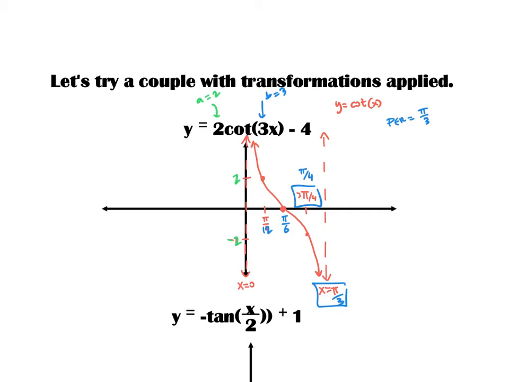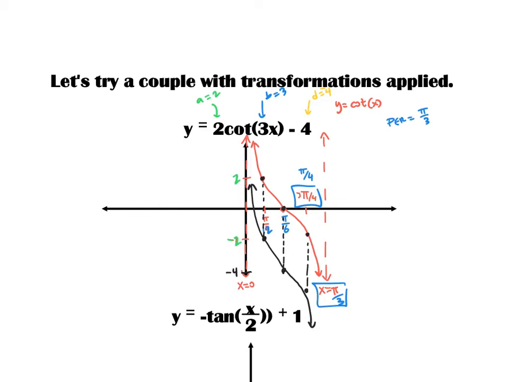Now finally, our d value is -4, so I'm going to shift our function down 4 units. This is where it gets a little dicey, but I'm going to shift this point down to there, this point down to here, and this point all the way down to -6. So we no longer have a midline like we did for sine and cosine.